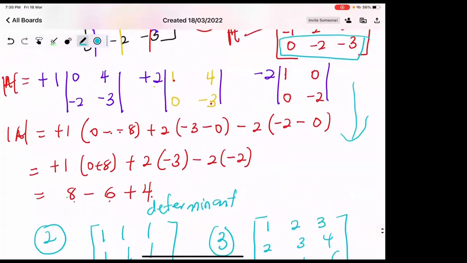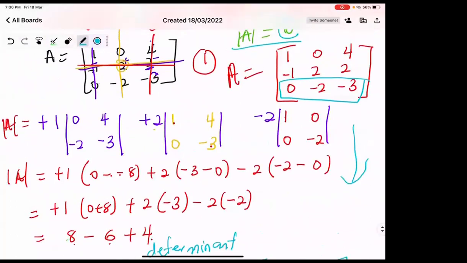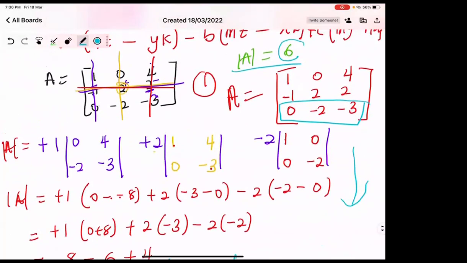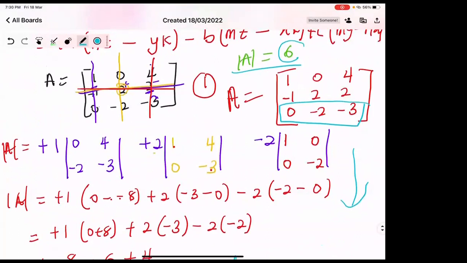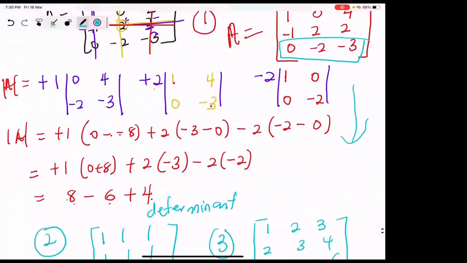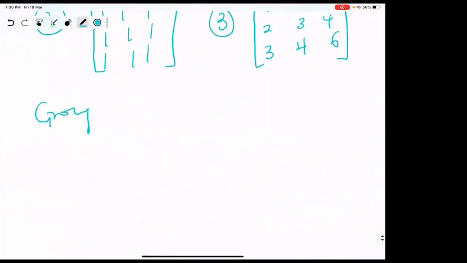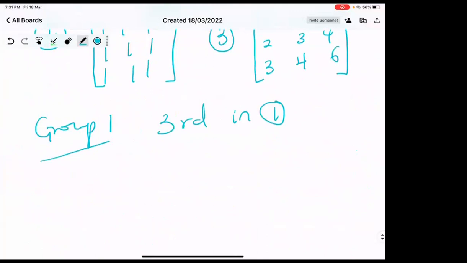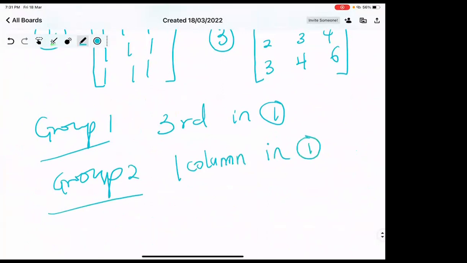Okay, so group 1, you are using the third row in question 1. Then group 2, you are using the first column in question 1.